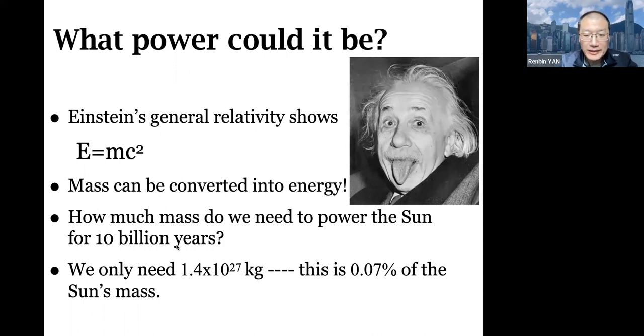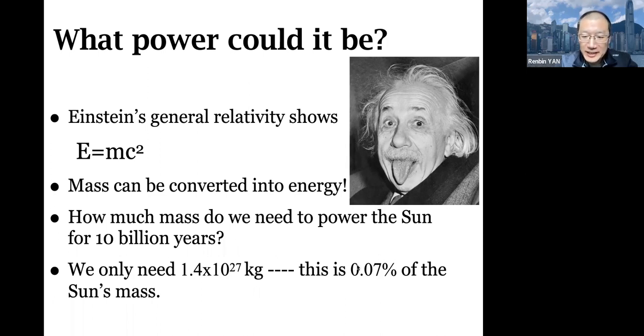Right now the sun is about 5 billion years old. It has 5 billion more years to go before some events will happen to it, and it will die in a star's way. But its total lifetime is going to be 10 billion years.